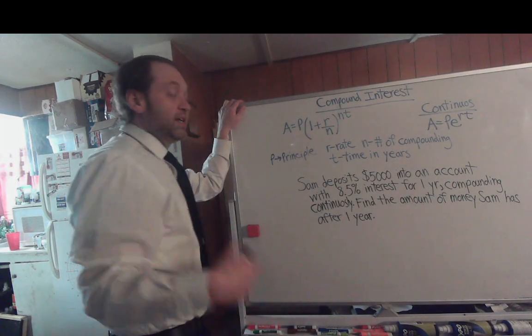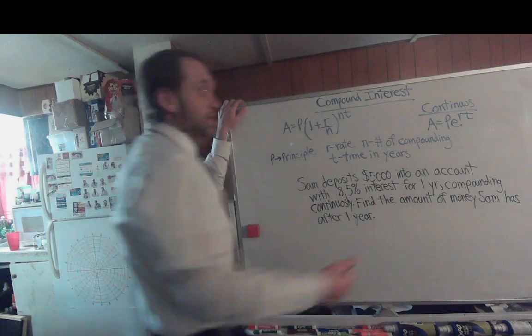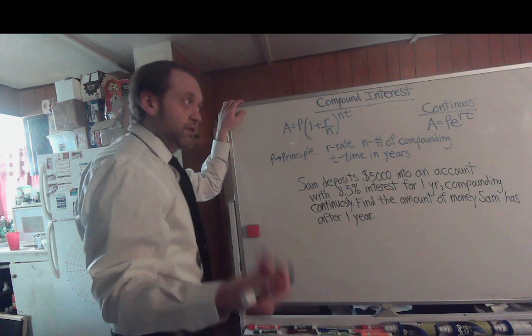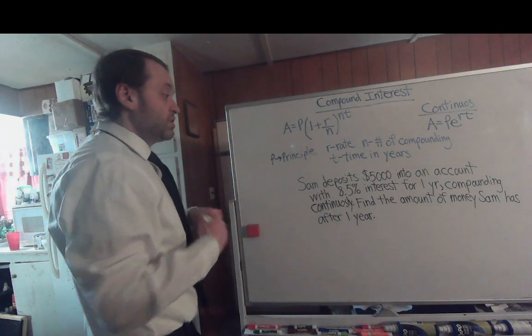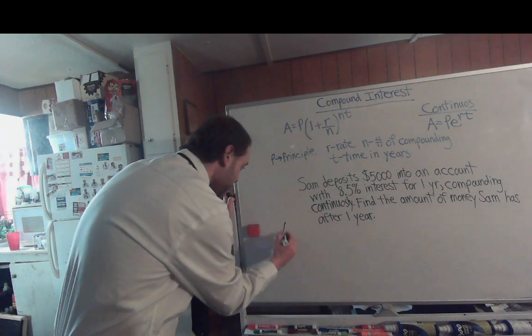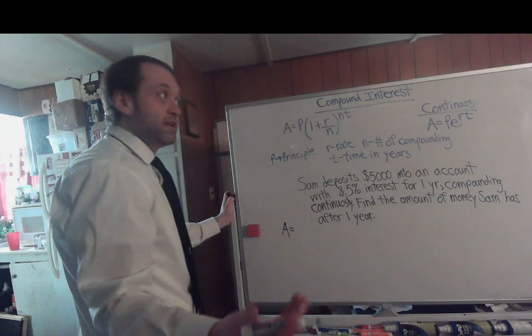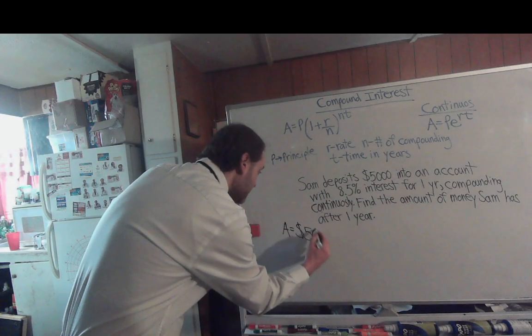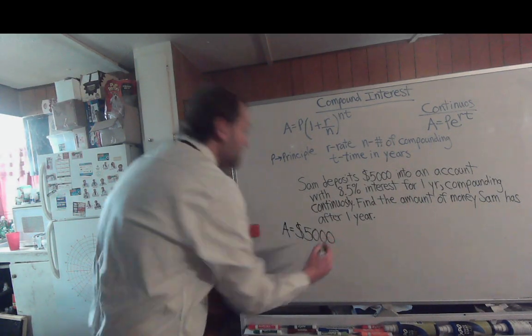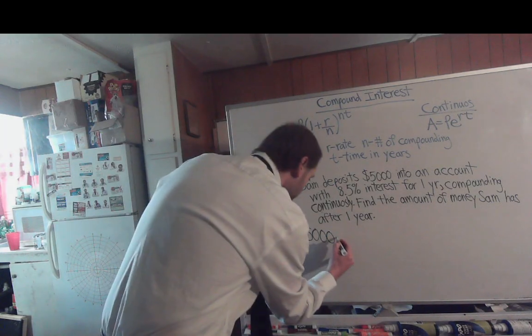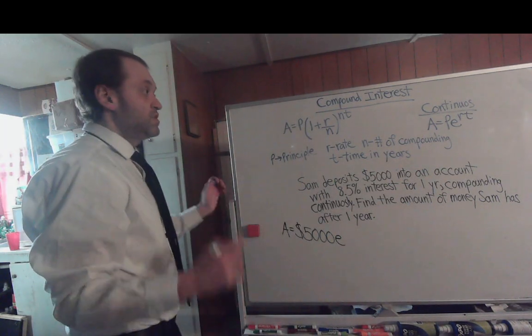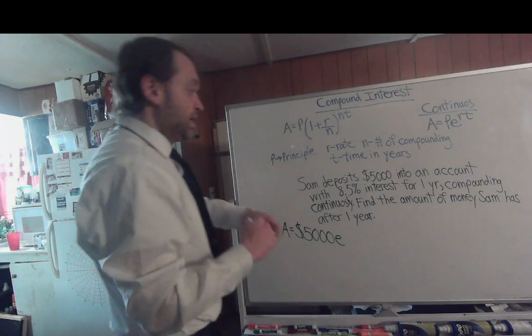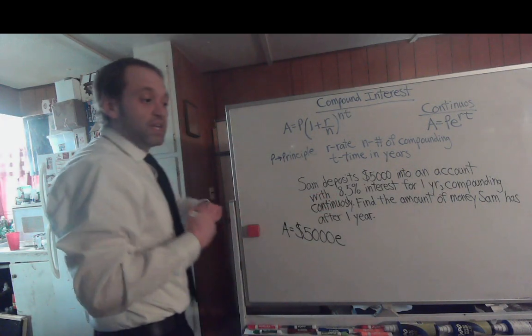And then to the rt, that r again is the interest rate, and then t is for the time in years. So let's set up the problem here, okay? Sam initially again invested $5,000, right? Now this is times e, you have that default e to the rt, so it's 8.5% interest, right?